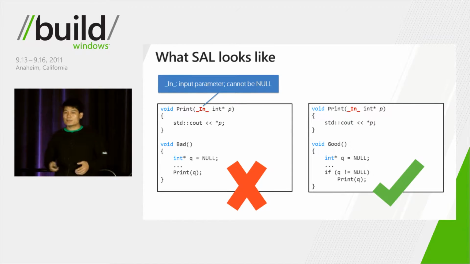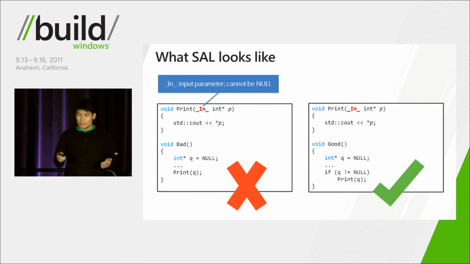So imagine you're calling this function print by passing a null pointer, like what's shown on the left-hand side here. It's a bug because it will result in a null dereference. If you see this warning popping up, there are two ways you could approach this. One is that you could change the implementation and the annotation of function print to make sure it can handle a null input properly.